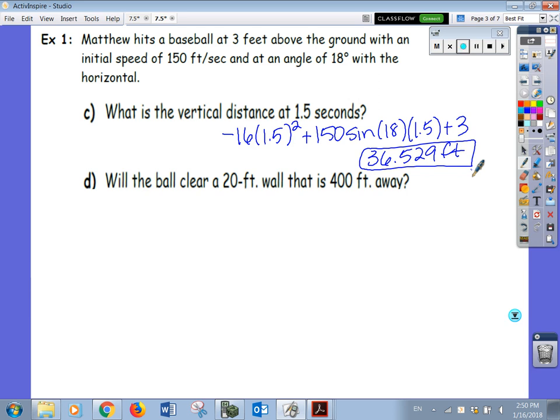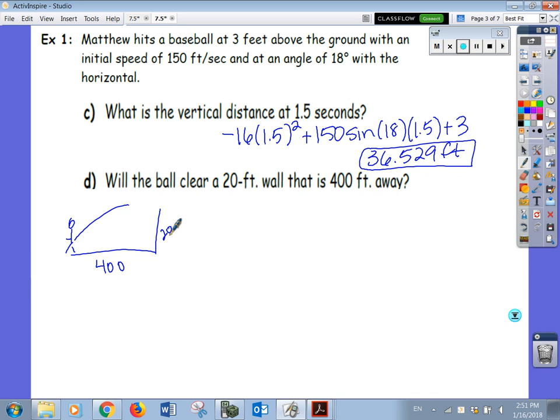So you first have to figure out how long it took you to go to the wall. If you need to draw a picture, here's Matthew, he hits the ball, here's 400, here's the wall that's 20. We want to know, does it clear it or does it not?